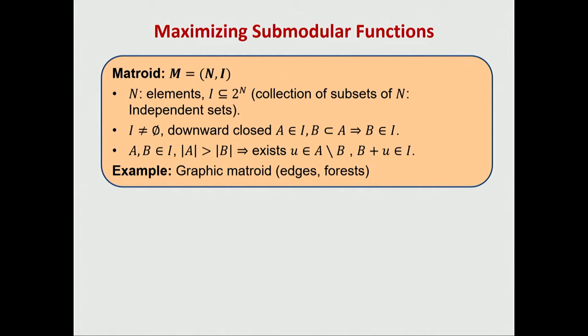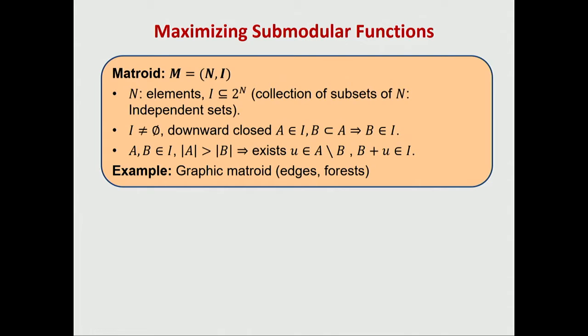So if A is independent, and B is a subset of A, then B is also independent. And this is the nice property of matroids: if you have two independent sets and one is larger than the other, you can add one item from the larger set to the smaller set and remain independent. This is the main property of matroids.